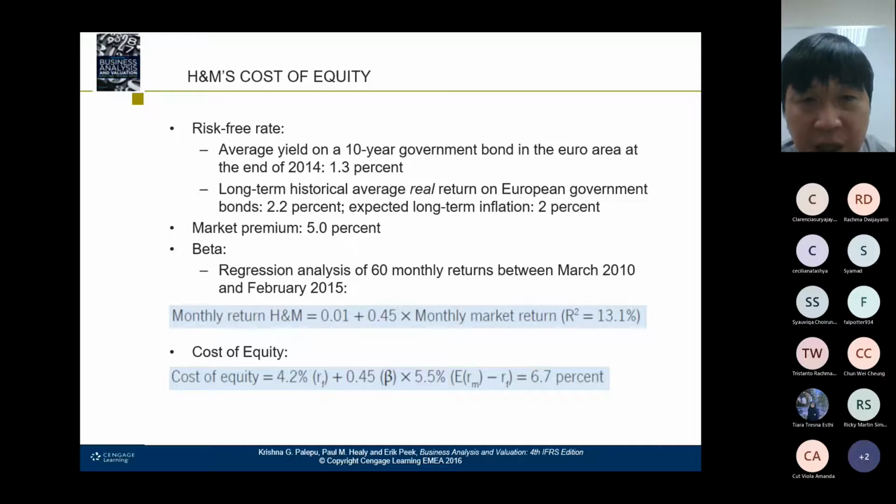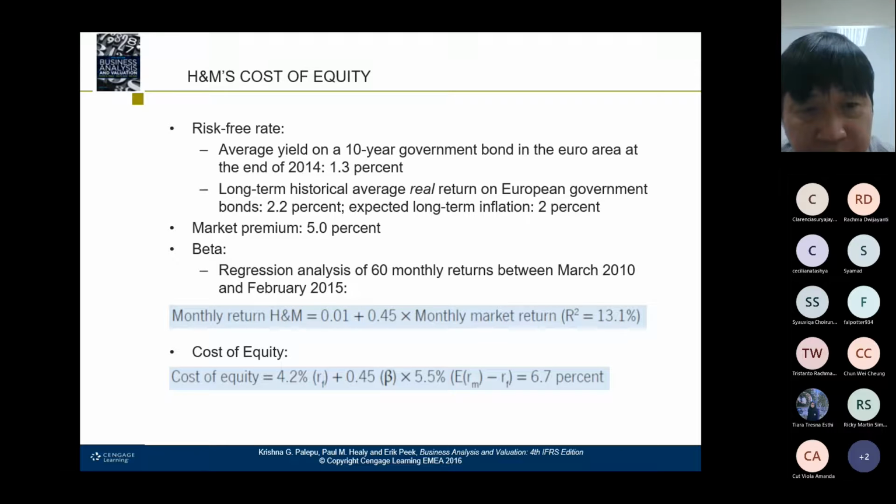By the Fisher equation, the rate equals the expected long-term inflation plus the real interest rate. That means the expected long-term inflation equals 2% and the real interest rate is 0.2%.